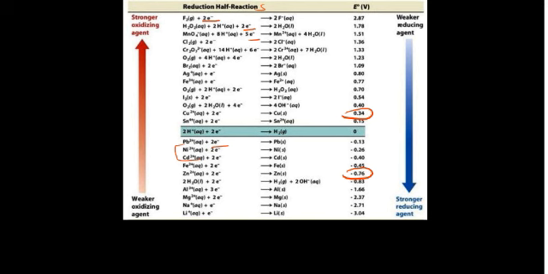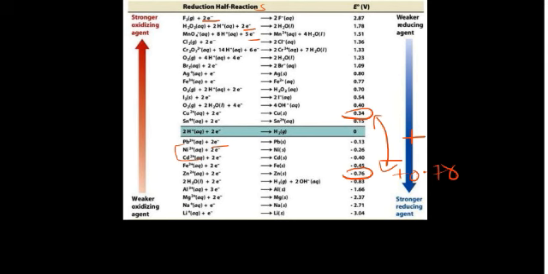If you reverse one, the sign of the reduction potential changes. Okay, so which one should we reverse between the copper and the zinc, so that after adding them we still get a positive answer? If we reverse the copper, both are going to be negative, so it just gives us a negative answer. Now if you reverse the zinc, it will become positive 0.76, and if you add it to 0.34, it will give us a positive result.